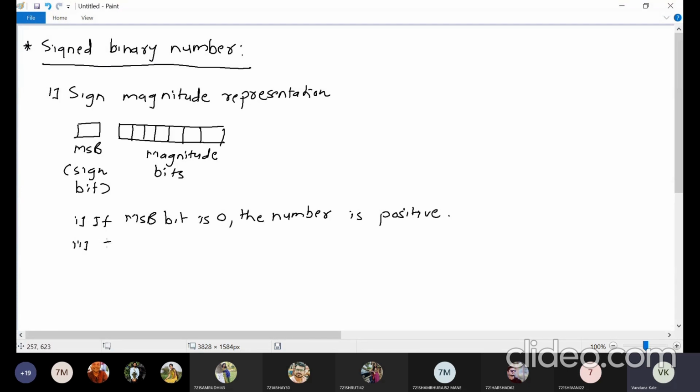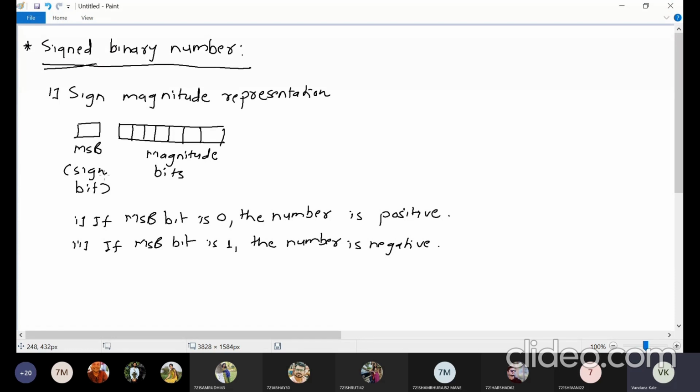And if the MSB bit is 1, then the number is negative. So in all signed binary numbers, the MSB bit represents whether the number is positive or negative. If the MSB bit is 0, then the number is positive, and if the MSB bit is 1, then the number is negative.